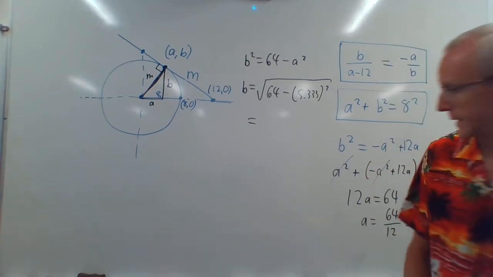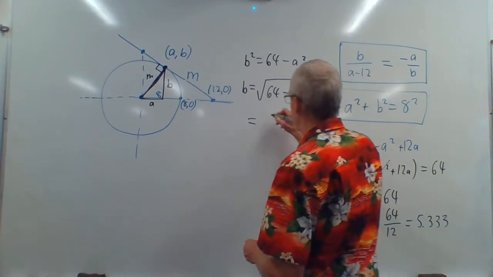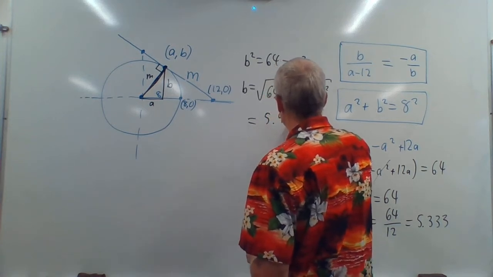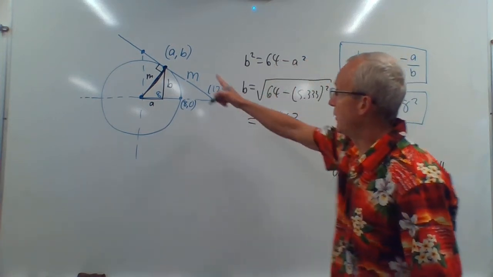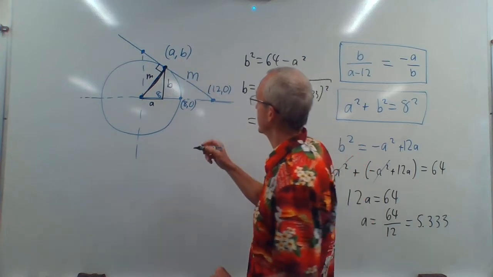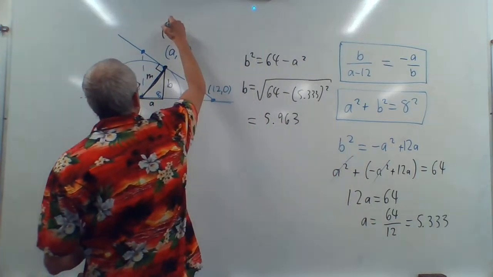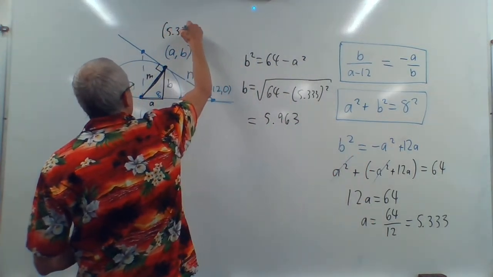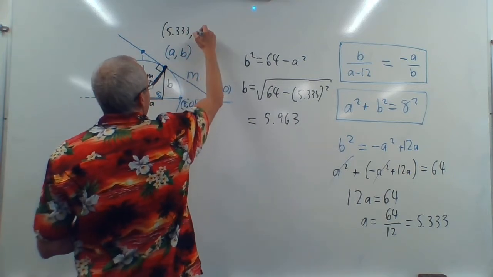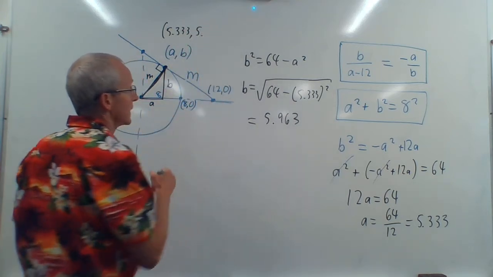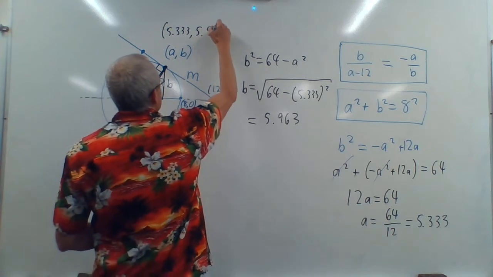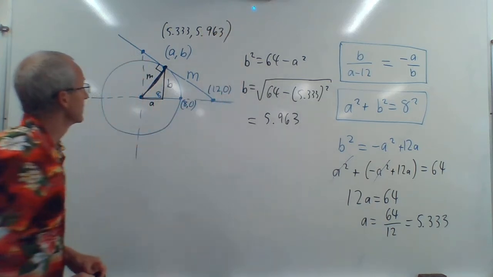So mark that down. So B is 5.963. Okay, now we know that point. Now we know both points here. We figured out this point is 5.333 and 5.963. Wow, they're pretty close to the same thing.